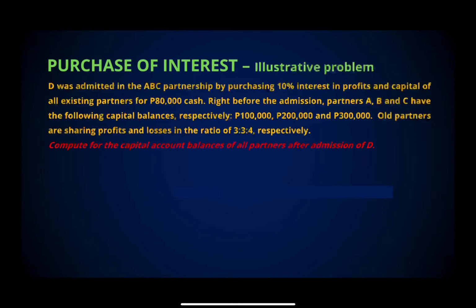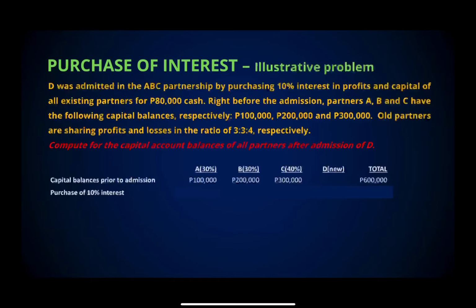So basically, these are the capital balances prior to admission. How do we record the purchase of 10% interest? Or how do we compute the amount to be purchased from these old partners? That is simply done by multiplying these capital balances of all partners by the 10%.